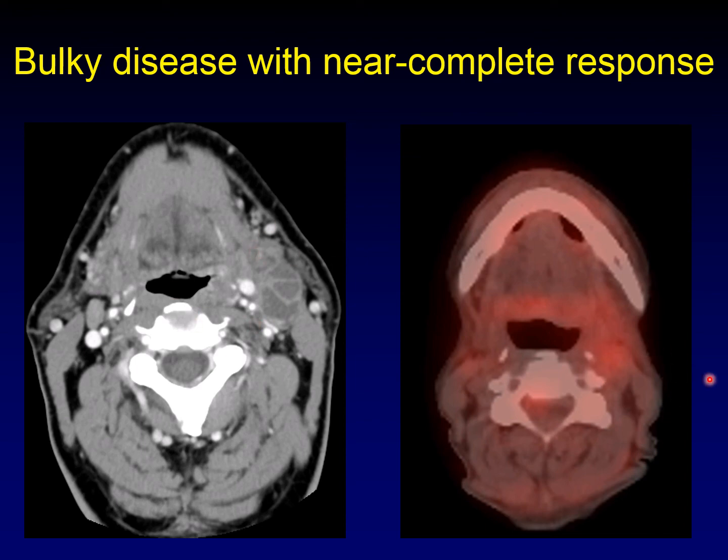That's actually a good sign, and the literature suggests that these patients have a very high likelihood of being completely cured to the point where these should be called NIRADS-2 lesions when you have bulky disease that has a near complete response. A complete response would get you to NIRADS-1, but a near complete response should be a NIRADS-2. It's not that suspicious.